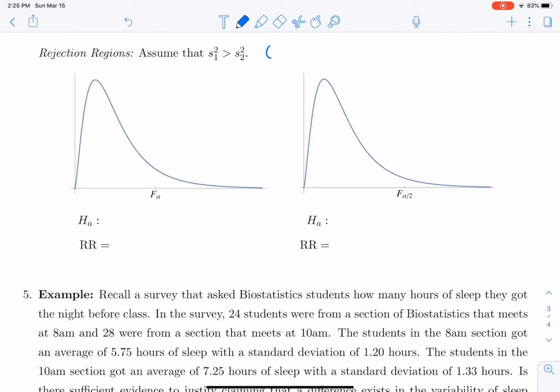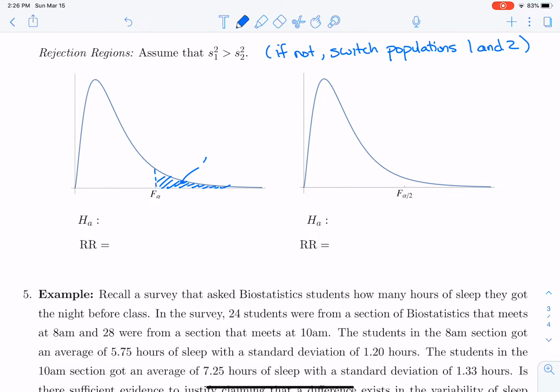If not, we can just switch which one we call 1 and which one we call 2. And our rejection region is going to be the upper tail of the F distribution, where we have an area of alpha.